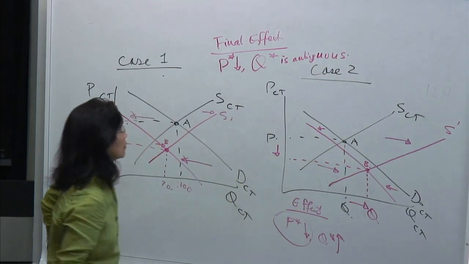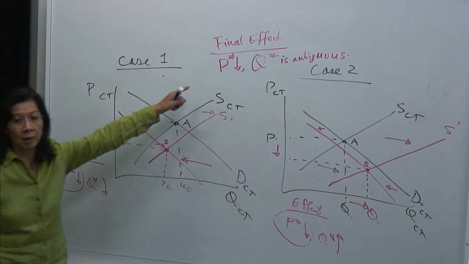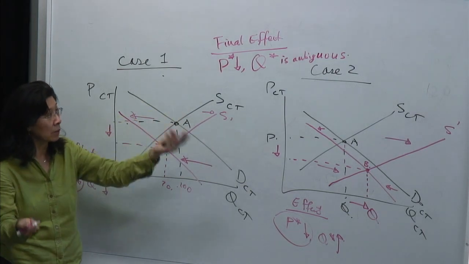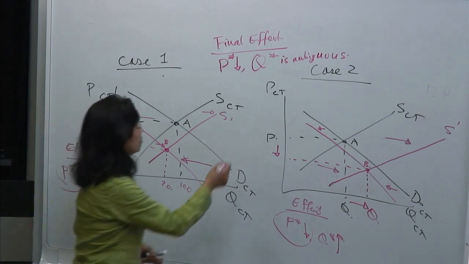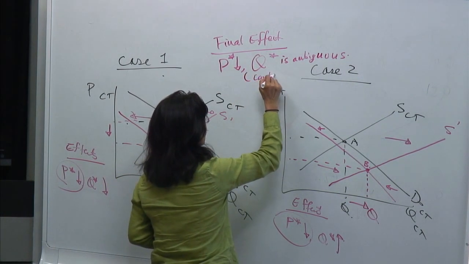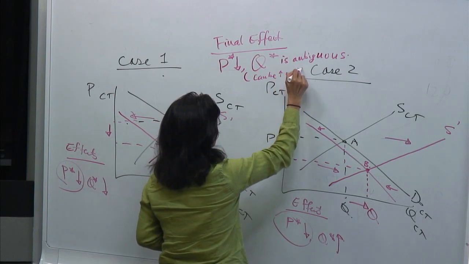And you have to have this last line when you hand in, because then I know you understand the whole thing. And this means Q star can be up or down.